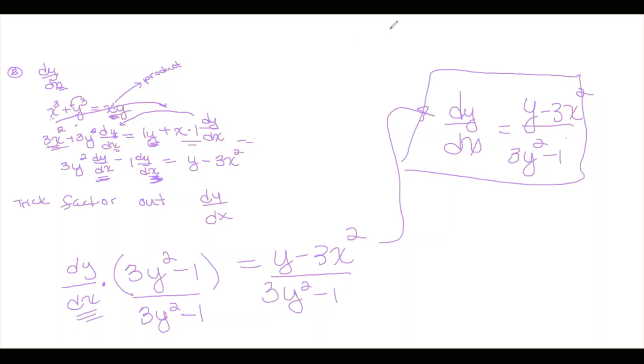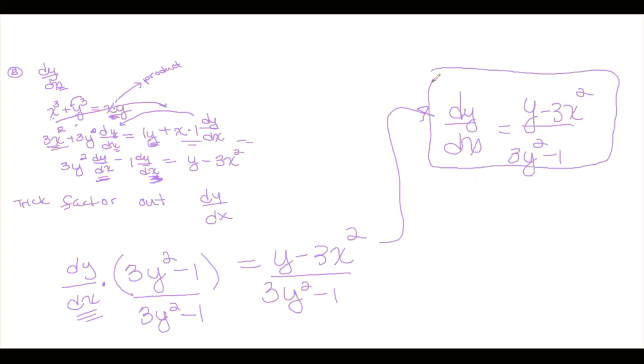I like it when you guys put a box around your answers in your notes. So that would be dy/dx, and that's because you had to use the product rule and you did use the implicit differentiation with the chain rule.